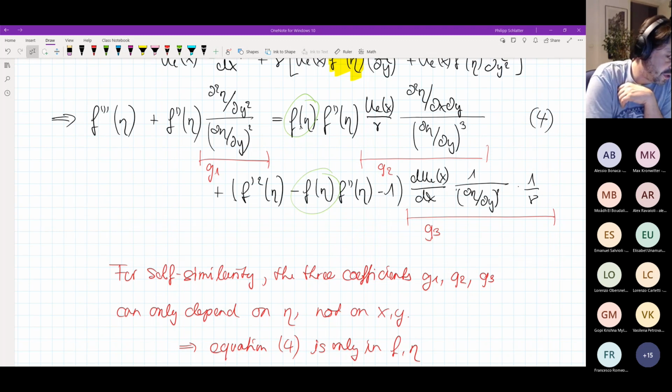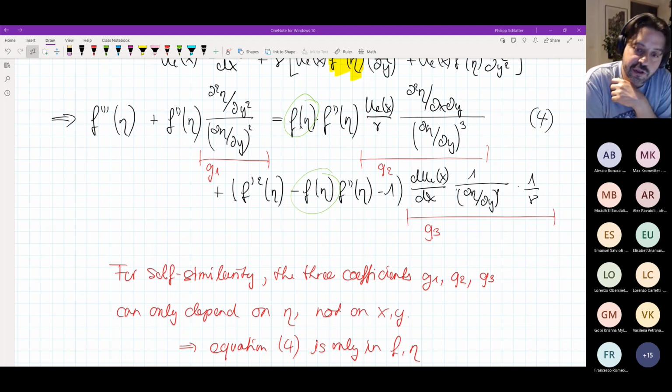And then we have a few coefficients, g1, g2, and g3. And now our claim is that if these coefficients g1, g2, and g3 are only functions of eta and not of x and y, then we actually have the possibility of reaching a self-similar solution.